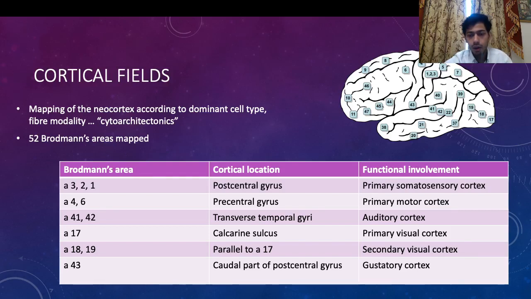And then I could go on and on here, but I think we get the idea of what Brodmann's areas relate to and the corresponding functions.